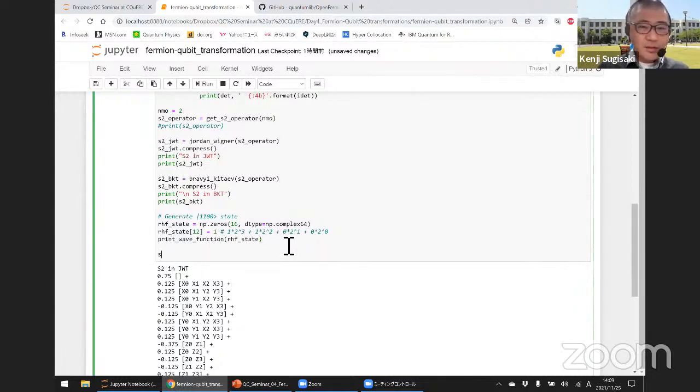So in order to perform the calculation, we have to define the S-square operator as a sparse operator. Because the wave function is defined in the Jordan-Wigner basis, we have to generate the sparse operator in the Jordan-Wigner basis.